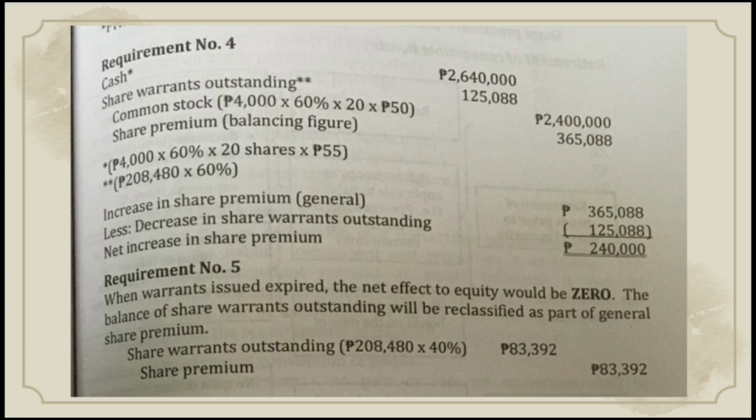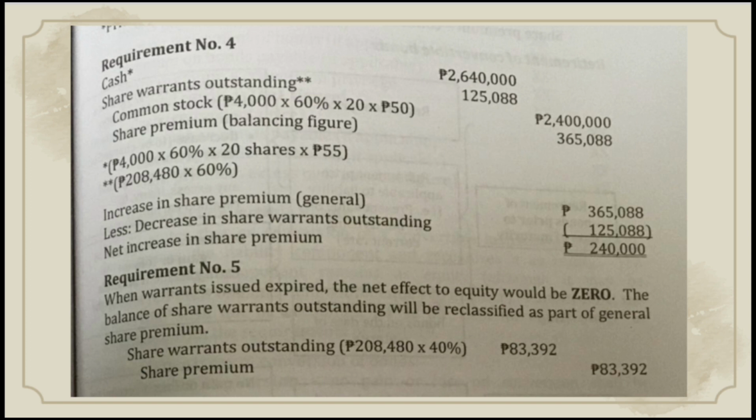So, naa tay share premium nga 365,088. Ang increase in share premium nga 365,088 atong minusan sa decrease in share warrants outstanding nga naa sa debit side nga 125,088. So naa tay net increase in share premium nga 240,000 pesos.